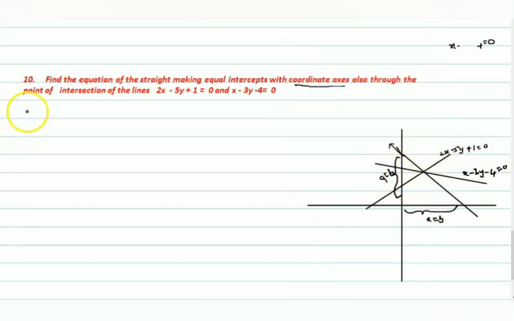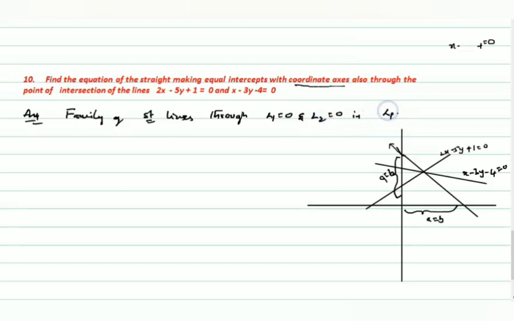So first of all, what I write is the family of straight lines through L1 is equal to 0 and L2 is equal to 0 is L1 plus lambda L2 is equal to 0. What is L1? This is 2x minus 5y plus 1 and then plus lambda into x minus 3y minus 4 is equal to 0.